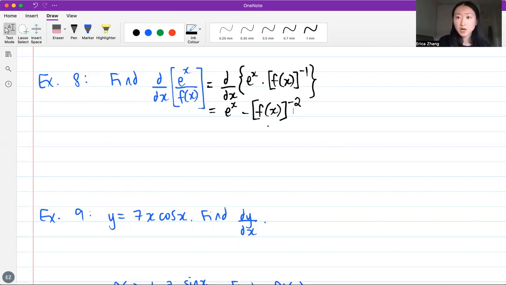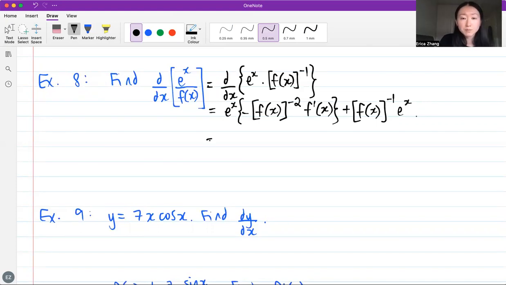And then chain rule part is f prime of x. Okay, so I'm going to put brackets here. It's a product. And now plus the second function, which is f of x to the power of negative 1 multiplied by the derivative of our first function, e to the x, which is just e to the x.